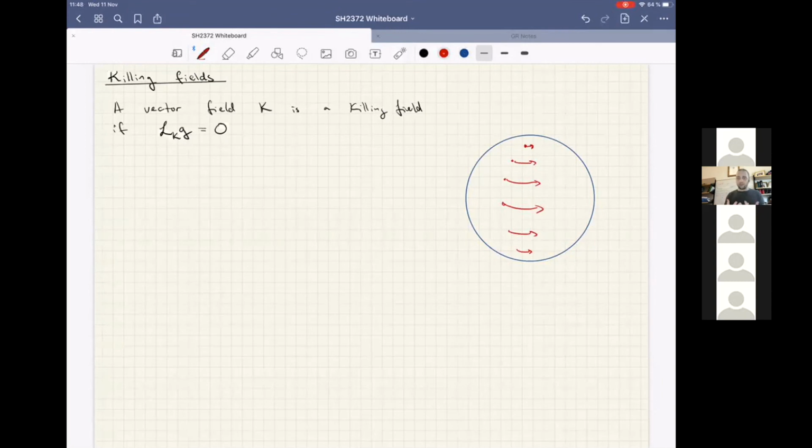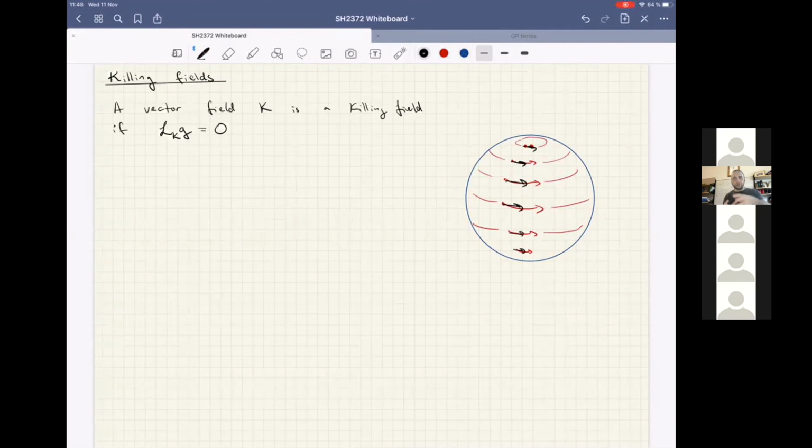And this rotation is a continuous rotation. And since it is a continuous rotation, you have a family of curves here, which are these circles. Since we have this family of curves, it corresponds to a flow of some vector field. And that vector field is exactly this vector field K that we're going to be talking about.